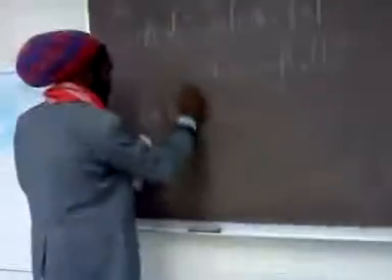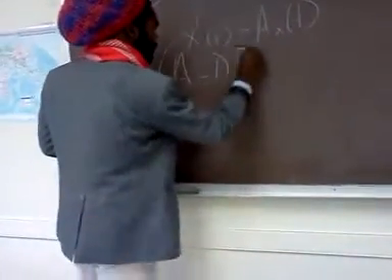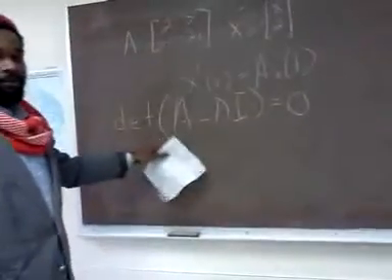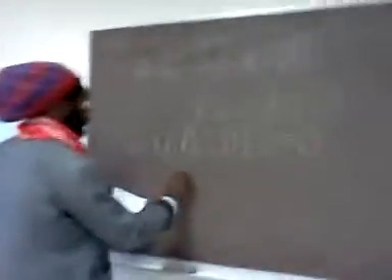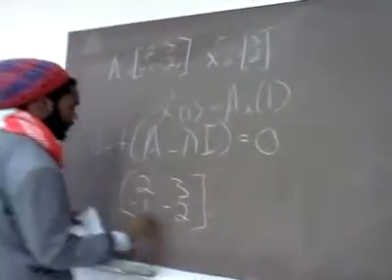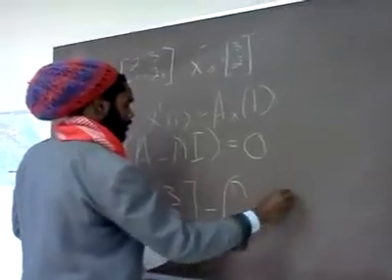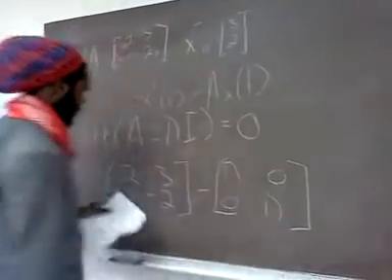The determinant of A minus lambda I equals 0. Solving this is going to help us find our eigenvalues. So we're going to go ahead and plug in. We got our A matrix minus lambda, 0, 0, lambda.